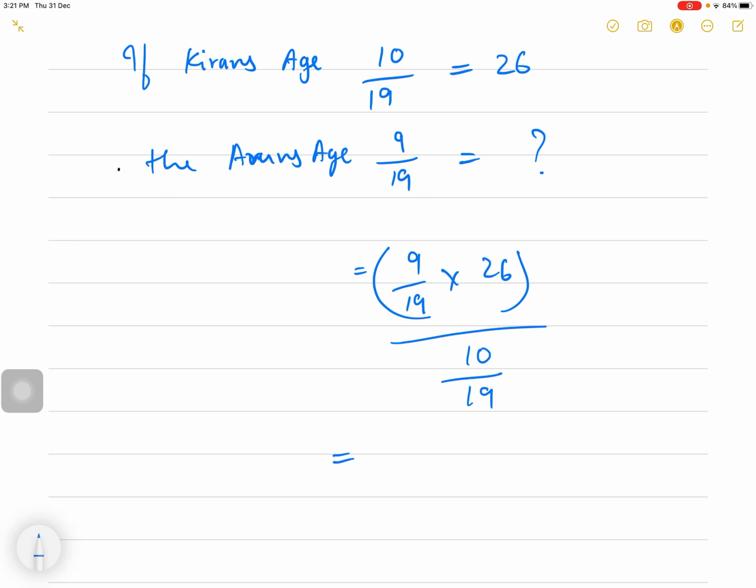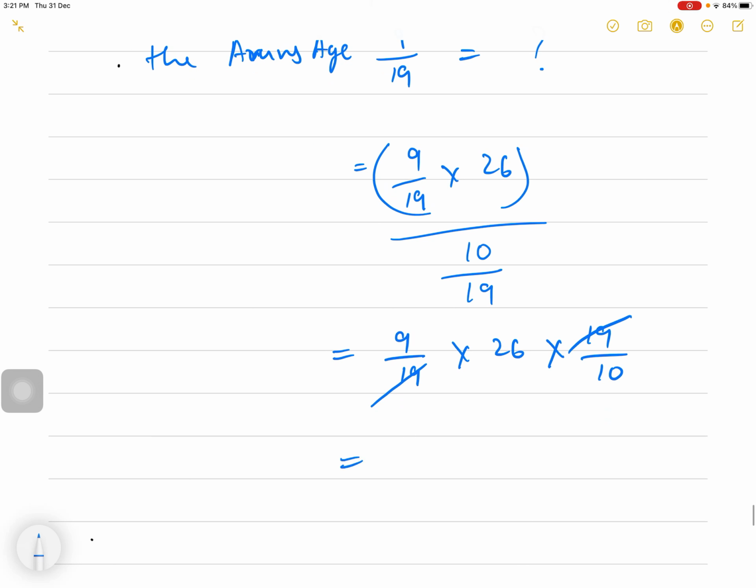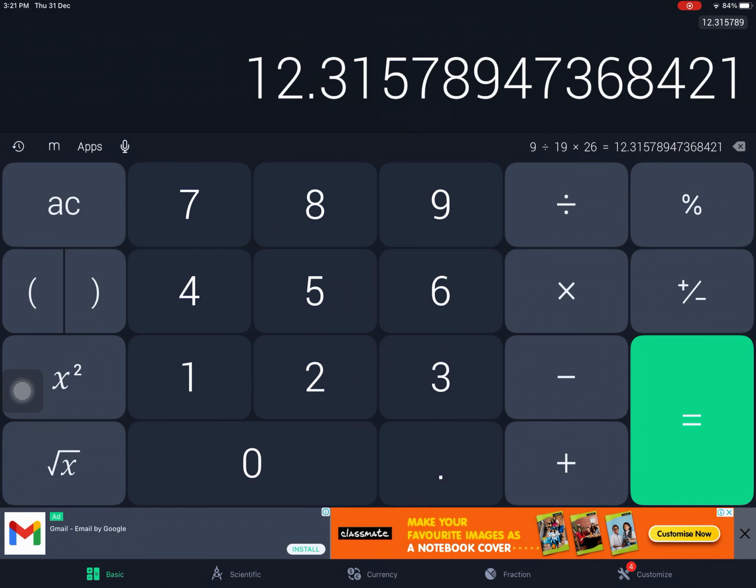Instead of writing divide by 10 by 19, I'll write multiplied by 19 by 10, right? You can write like this. So 19 you can just cancel. Okay, so 9 into 26 divided by 10.